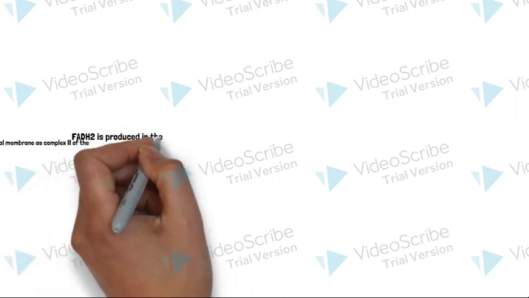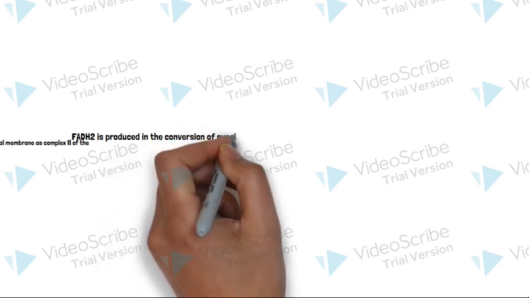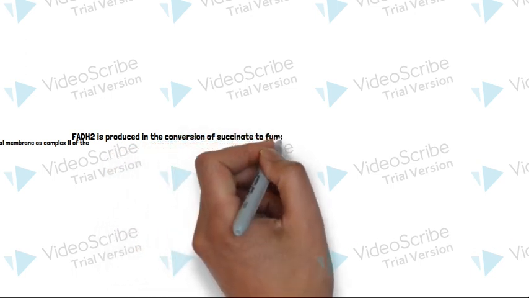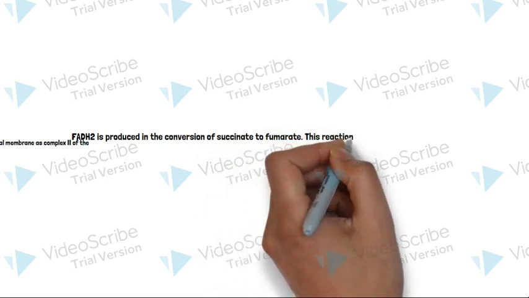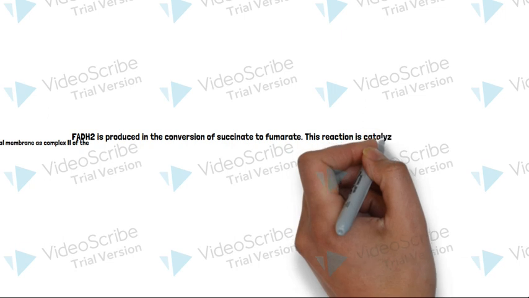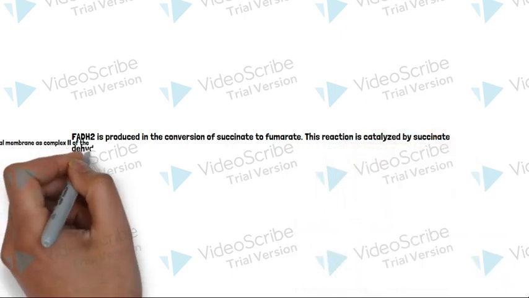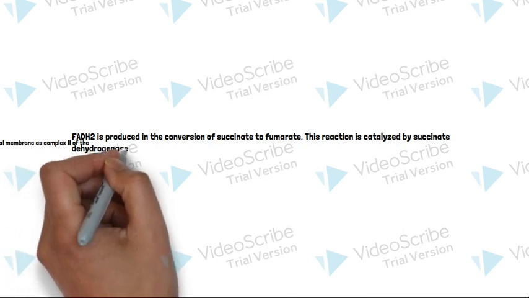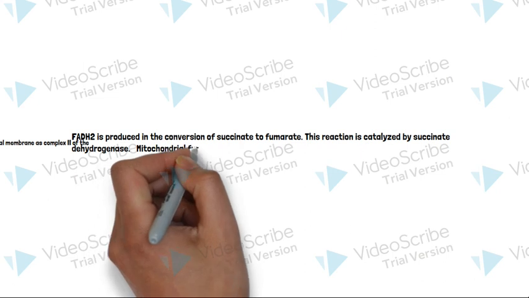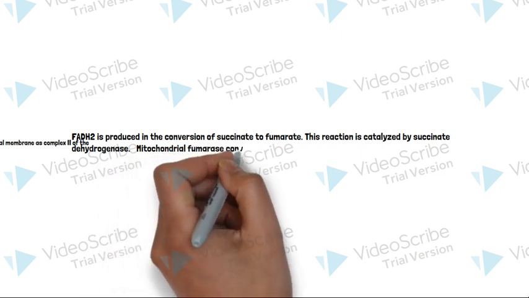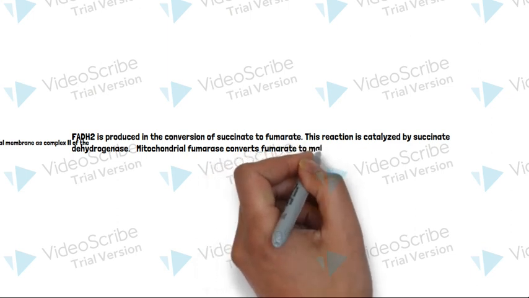Next, mitochondrial fumarase is going to convert fumarate into malate. Malate dehydrogenase is going to oxidize malate to oxaloacetate.